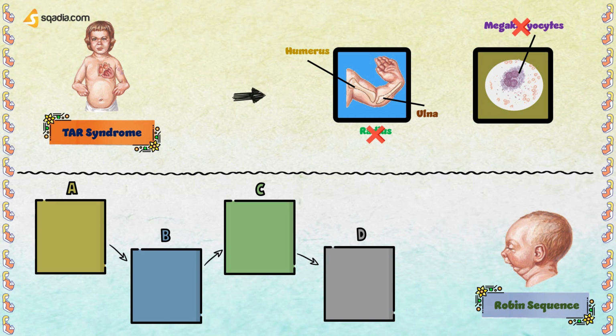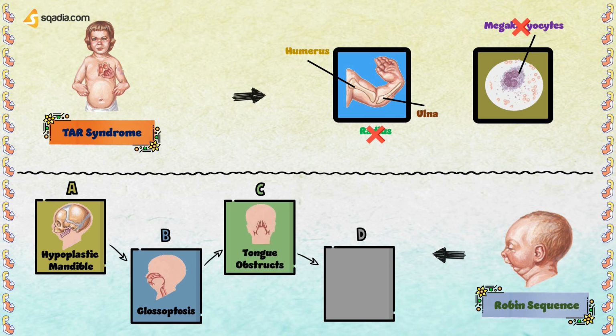So, in case of Robin sequence, hypoplastic mandible causes glossoptosis, that causes tongue obstruction, and palatal fusion failure, and then U-shaped palate. Yes, ma'am. The events are occurring in a sequence, such as A, B, C and then D. That's why it is called Robin sequence.